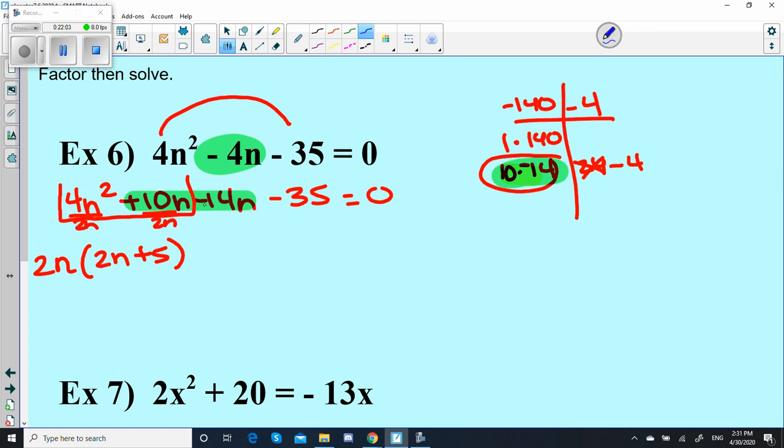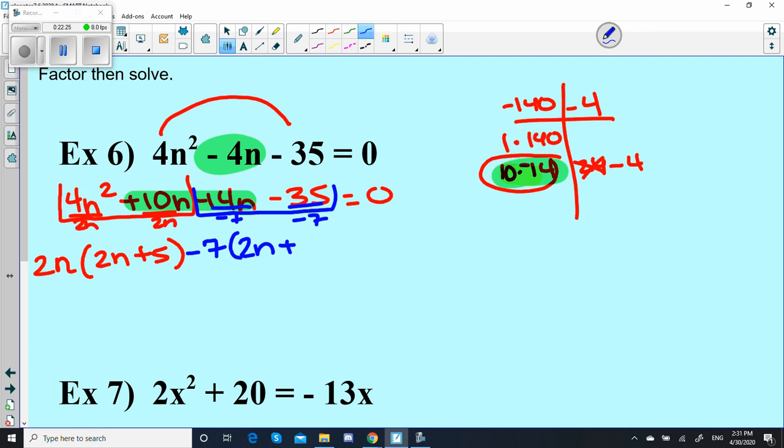So now I want to try the back two, the negative 14 and the negative 35. So I'm thinking 7, negative 7, actually, since they're both negative and I want it to match this one. So let's try to divide out a negative 7 and see what that gives us. If we divide out negative 7 for both, that would leave me with 2n. So far that matches, that's good.